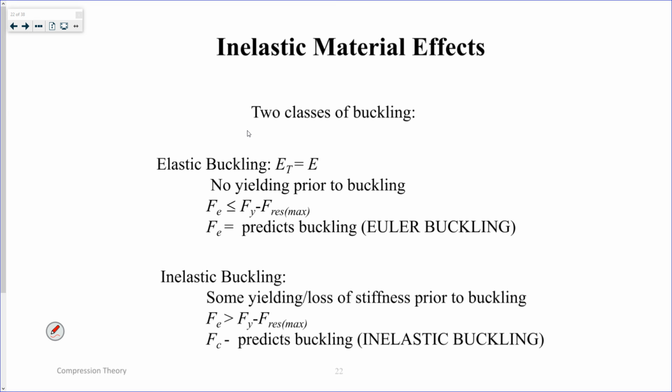And that stress, that FE, that stress, predicts buckling and is associated with Euler buckling. That's elastic buckling. Inelastic buckling means that there is some yielding prior to buckling, so loss of stiffness. That's why we have that tangent modulus, because we're decreasing our stiffness. Our stress at buckling is greater than our yield stress minus the residual stress.